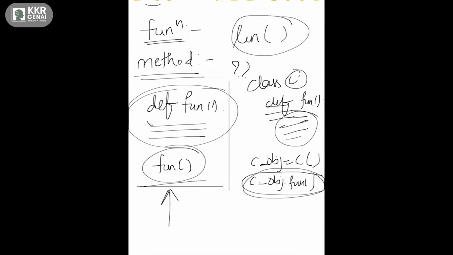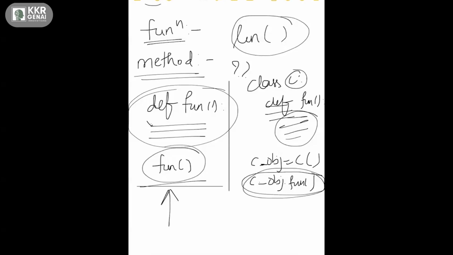Whatever we write in a class, there are three types of methods, as I said. Most probably we will write those three methods. In a class, we don't generally write any sort of functions as such.